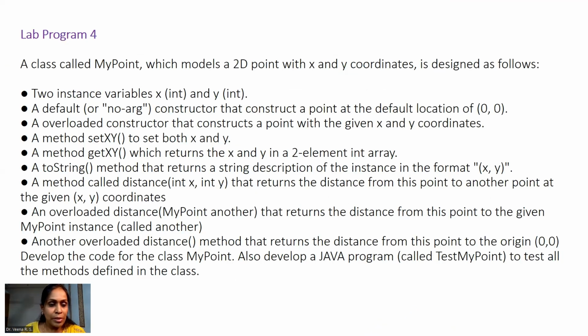And as per the problem statement, you can see the next three bullet points, that is a method called distance, an overloaded method distance, and another overloaded method distance. You have to write them down. So this is one distance method you are overloading with three different definitions. That means you are using method overloading here: one with no parameters, one with two parameters, and one with a single parameter of type object itself, or class itself.